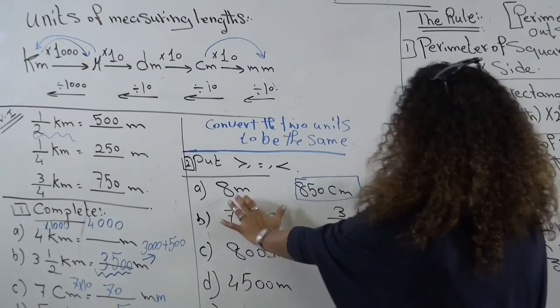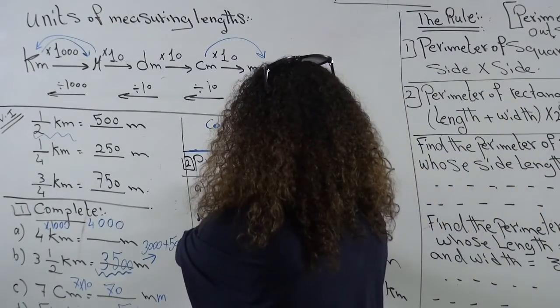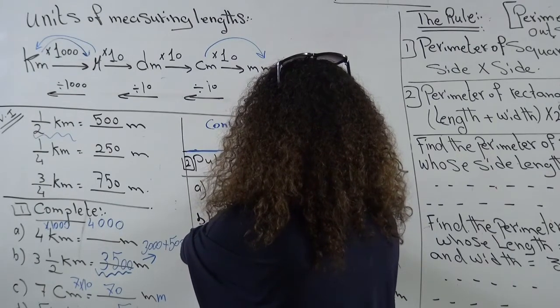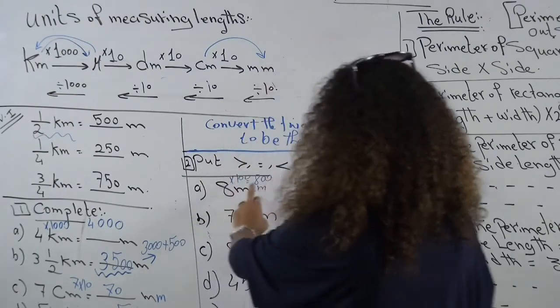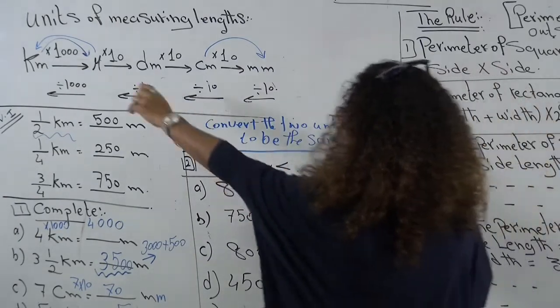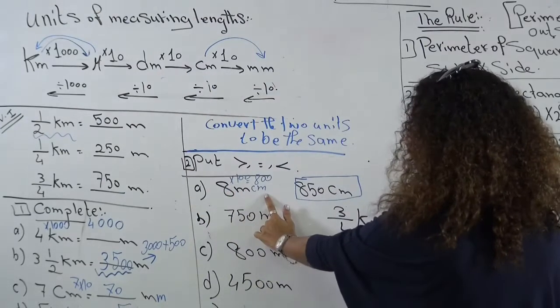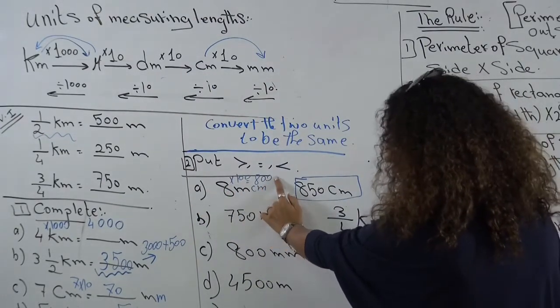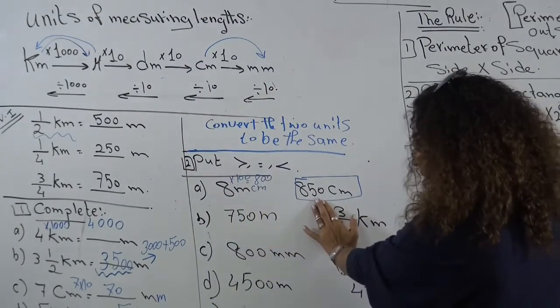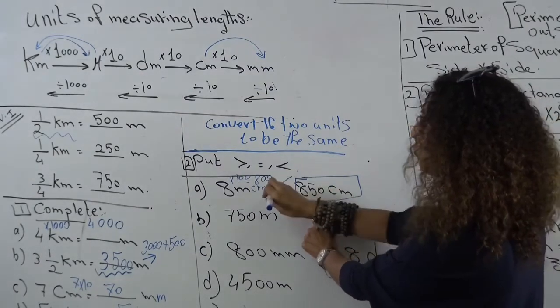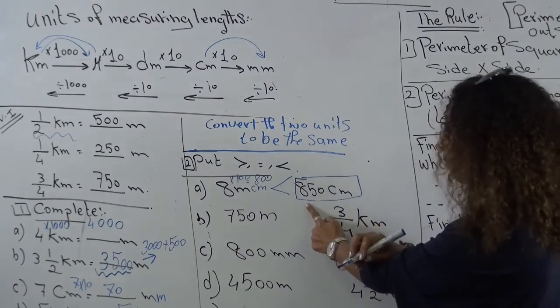Don't change anything. I will change this. It will be times 100, so it will be 800 centimeter. So I have 800 centimeter and 850 centimeter. Which one is greater? Of course, 850 centimeter.